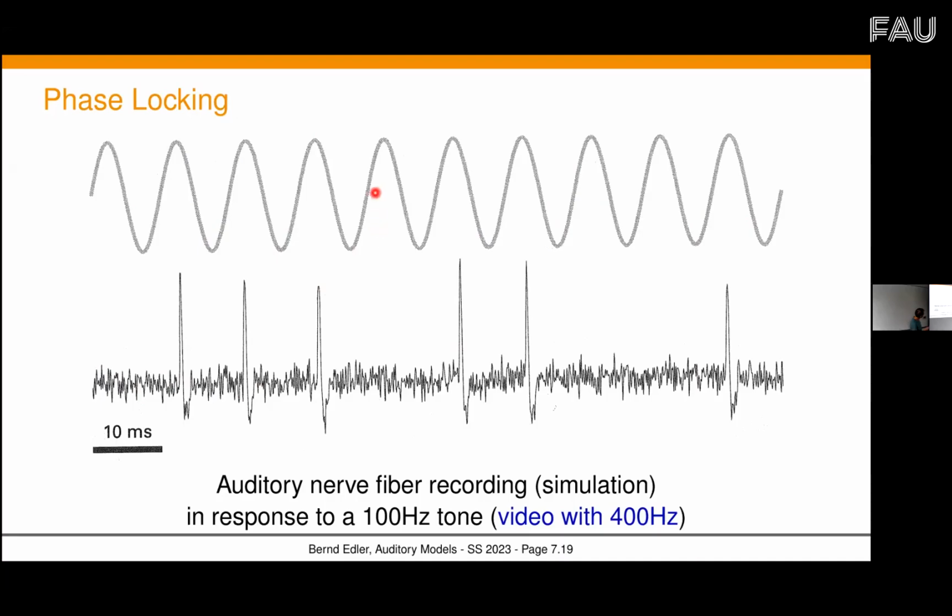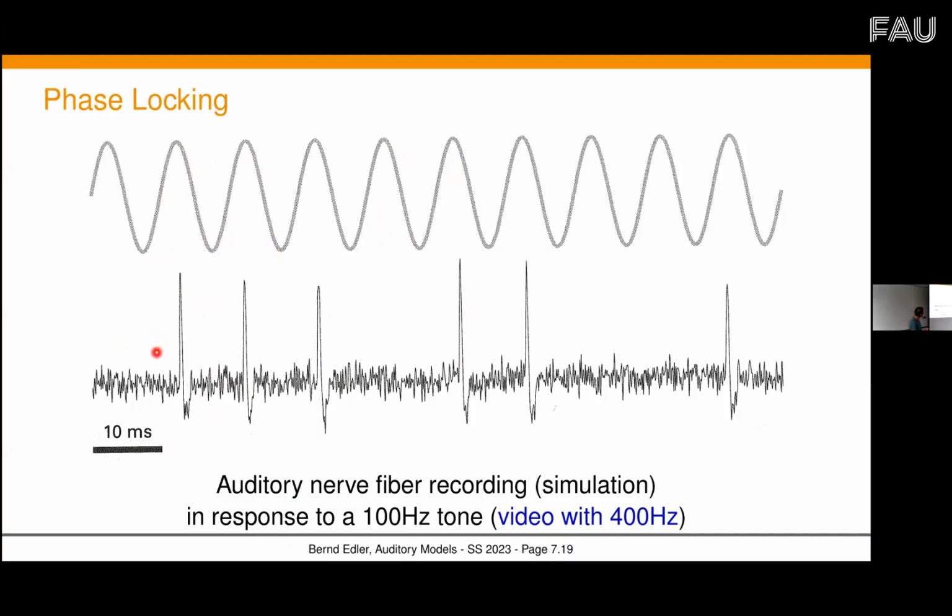It doesn't occur at every period, but if a spike occurs, it's more or less at the same position within one period. I don't know if this is visible enough, but this is a kind of synchronization, and this is called phase locking.